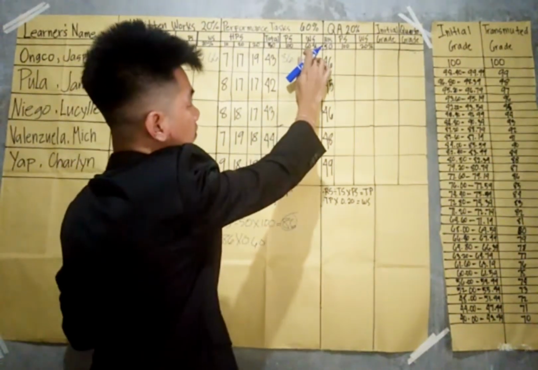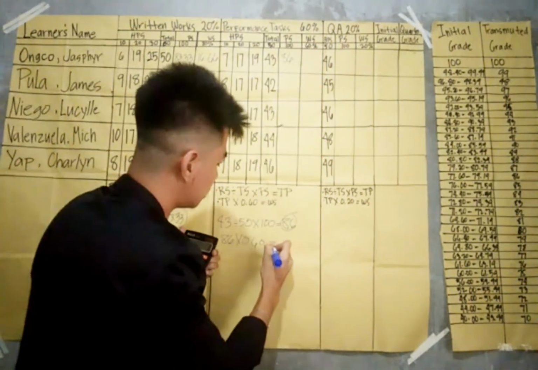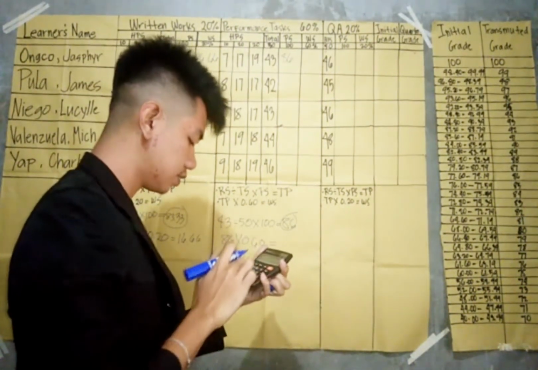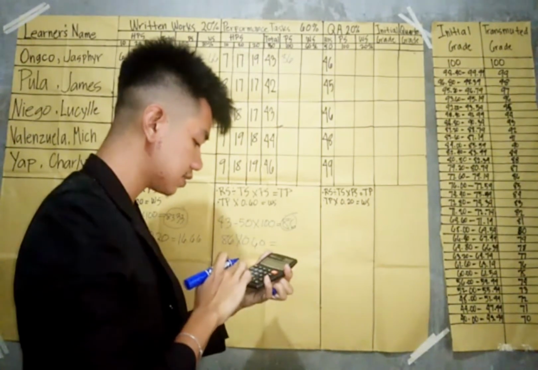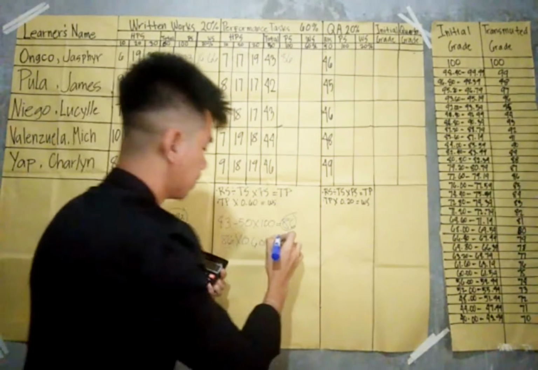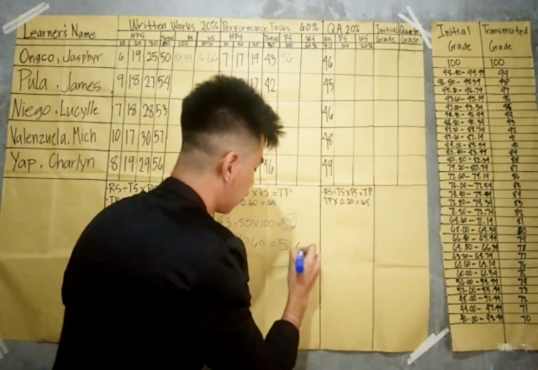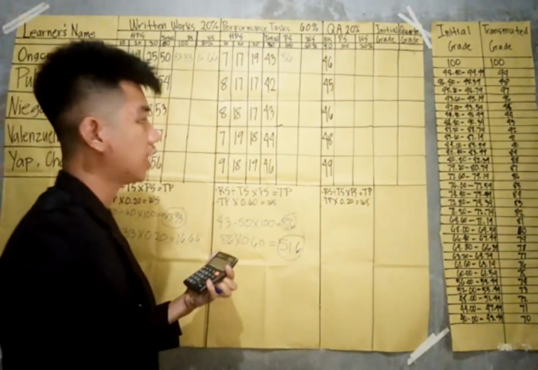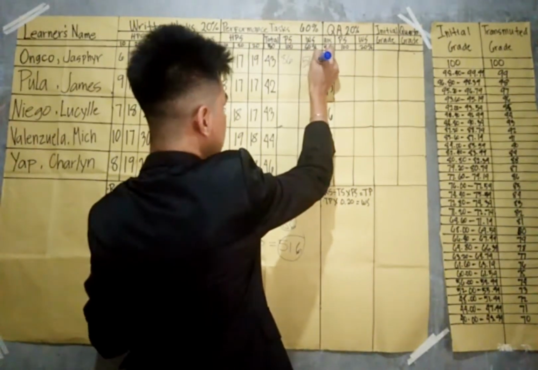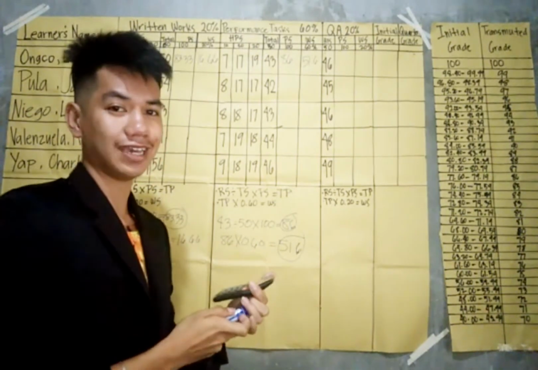Here is 60% because in the performance task we have 60%. 86 times 0.60 is equal to 51.6. Now, Mr. Ungko has a weighted score of 51.6 in his performance.